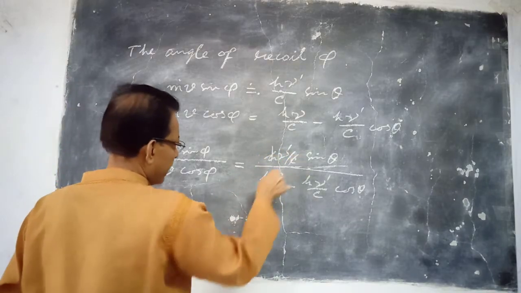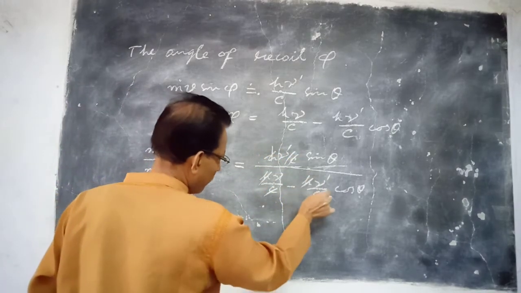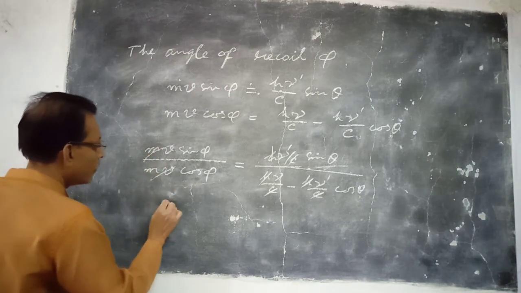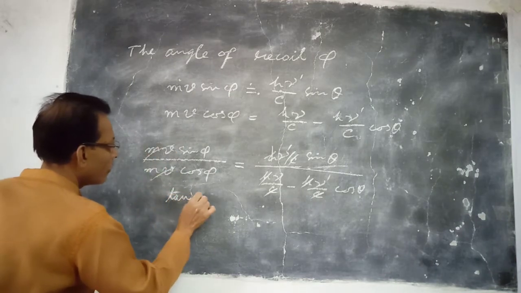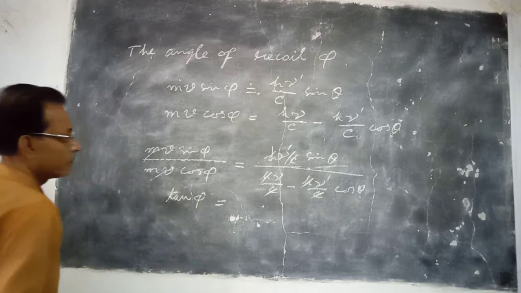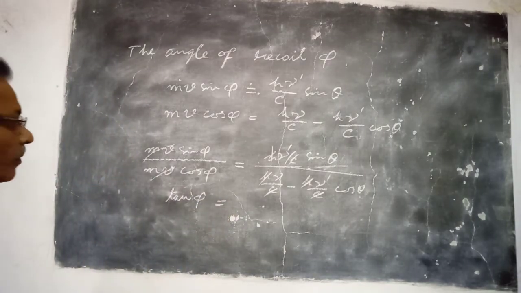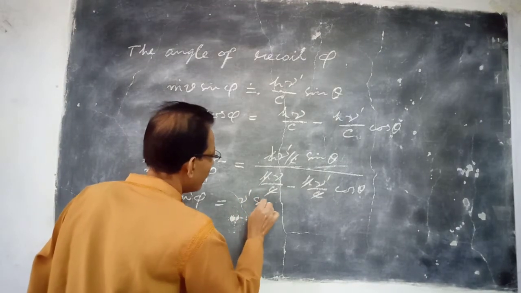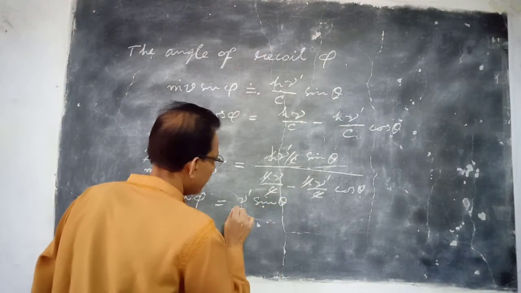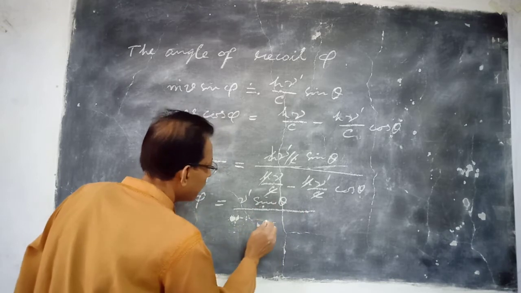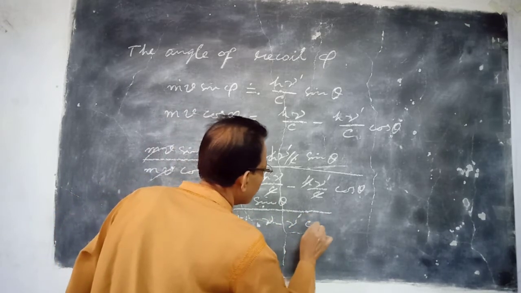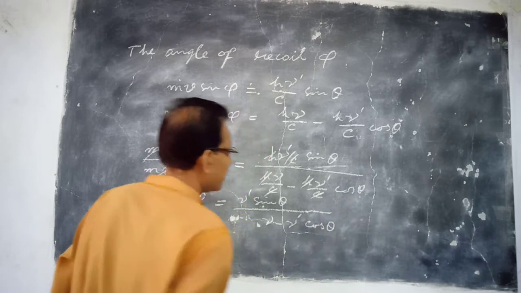This h by c will cancel. So here you get tan phi equals nu prime sin theta divided by nu minus nu prime cos theta.